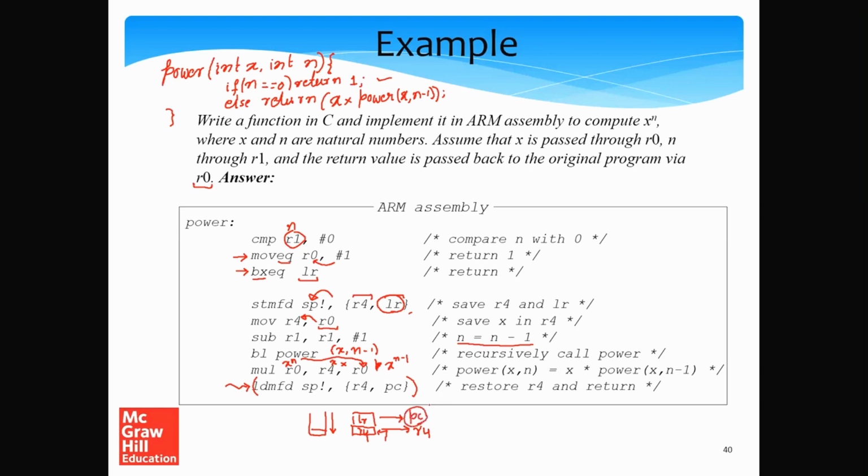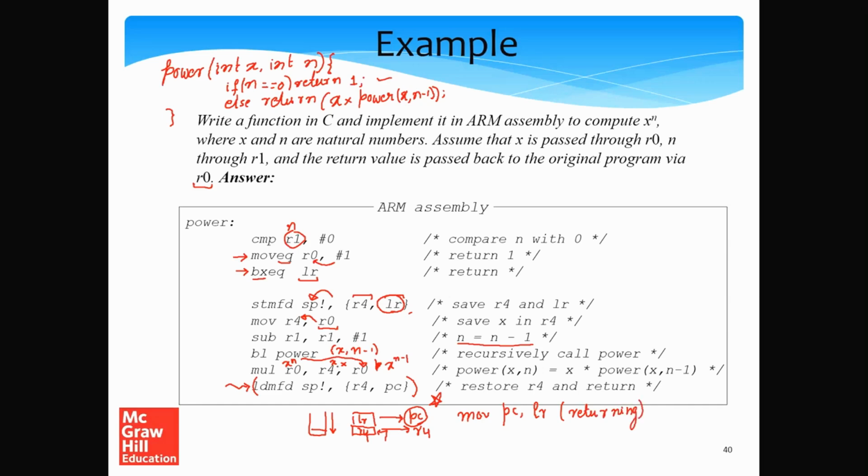Mind you, this is the trick. So let me put a star over here. This is the same as moving the contents of LR into PC, which is exactly the same as returning from the function. As you can see, we are achieving multiple objectives, essentially killing two birds with the same stone.